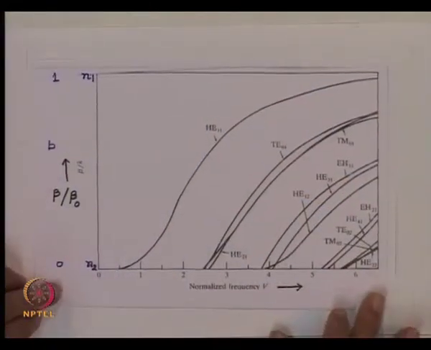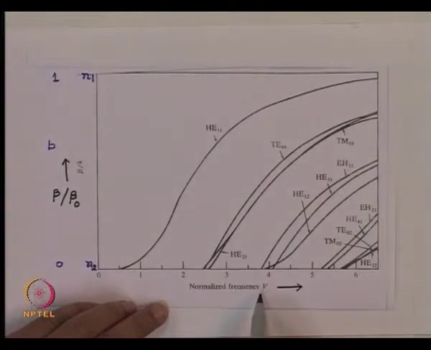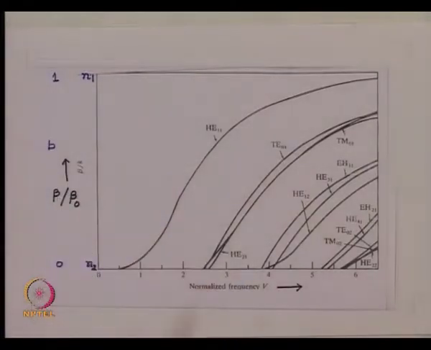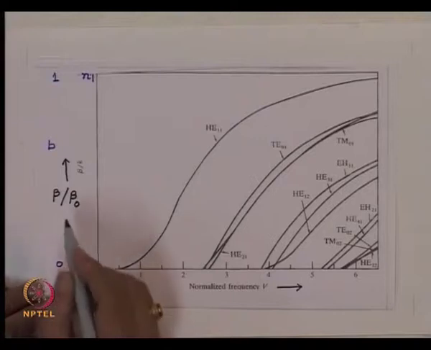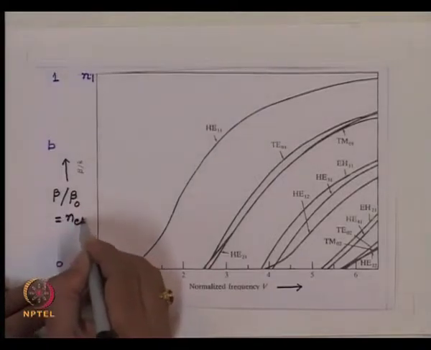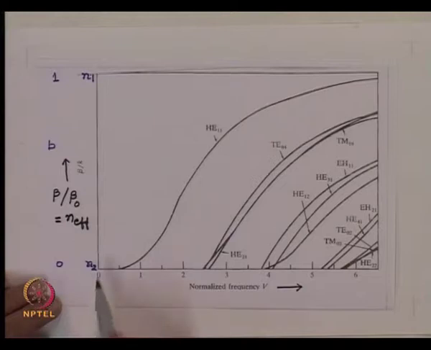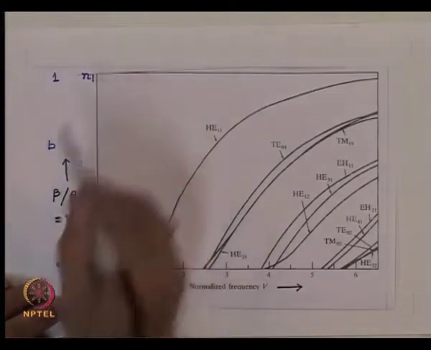So now instead of having a plot of the propagation constant beta as a function of frequency, we can get a variation of this normalized propagation constant as a function of V number, because V number is proportional to frequency. Here we have plotted the quantity beta divided by beta naught, which is nothing but your N effective. As we have seen, N effective will range between N2 and N1.